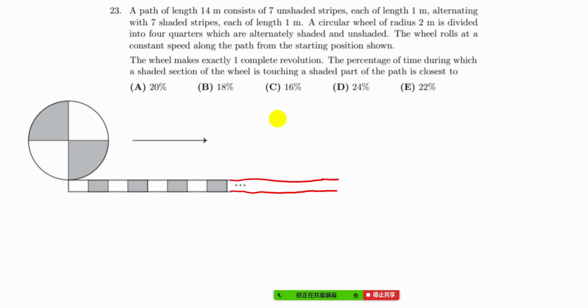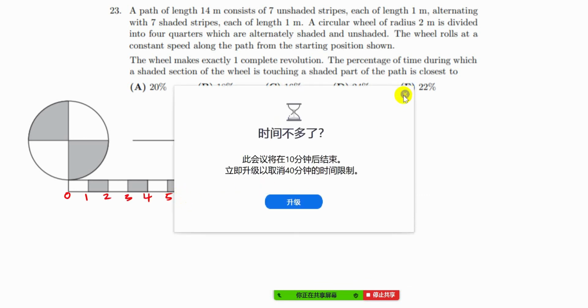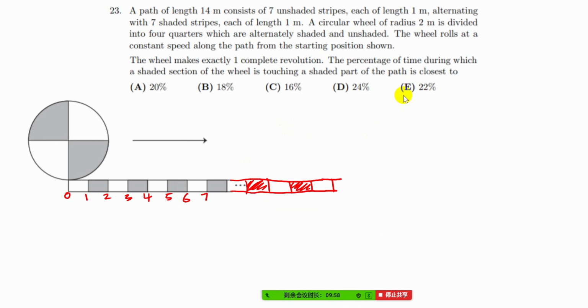So it's alternating between shaded and unshaded. So these would be shaded. And then we can say that this is 0 meters, 1 meter, 2 meters, 3 meters, 4 meters, 5 meters, and then 6, 7, 8, 9, 10, 11, 12, and 13.